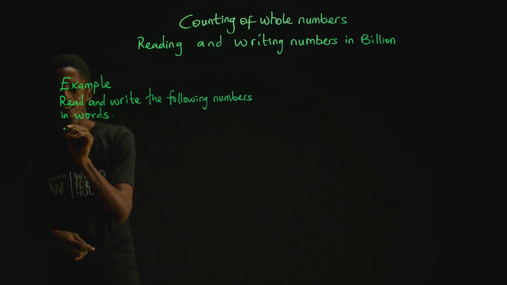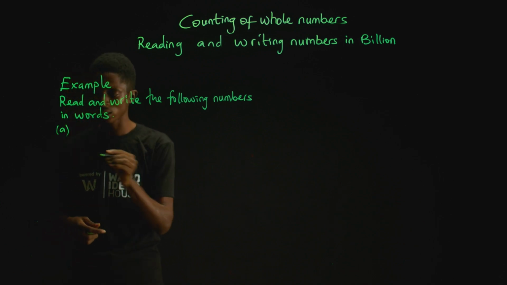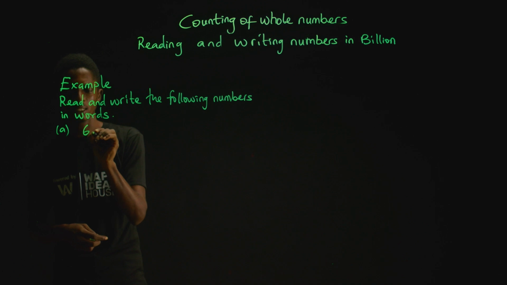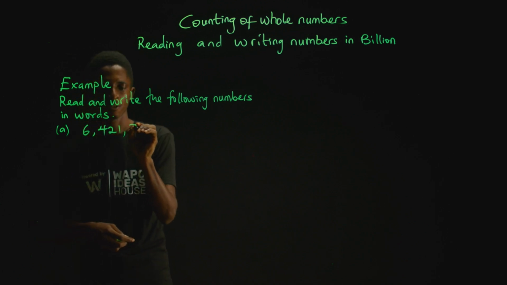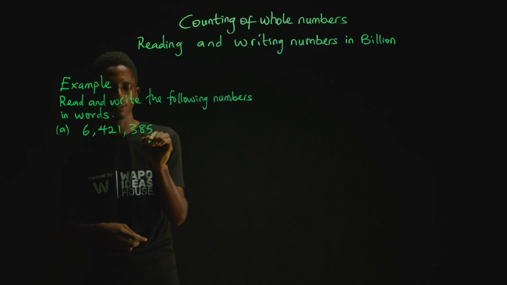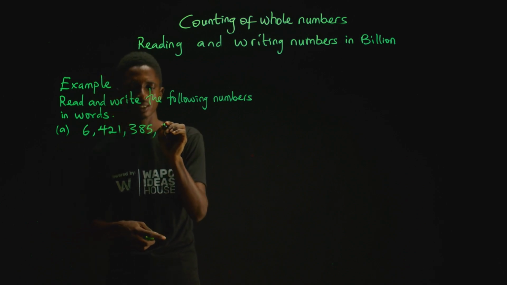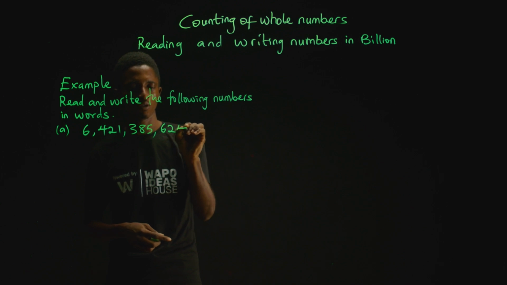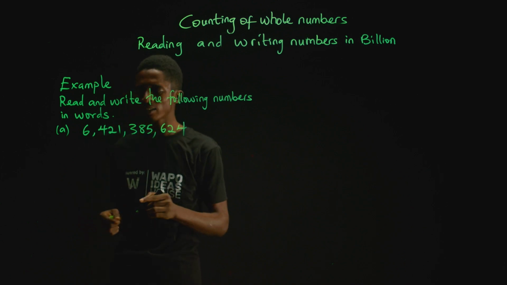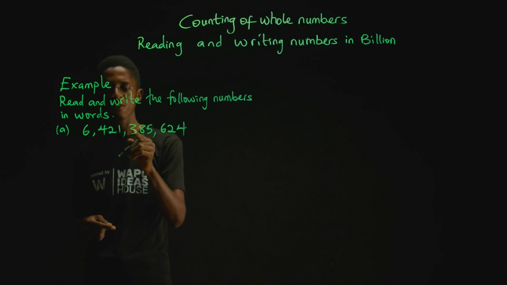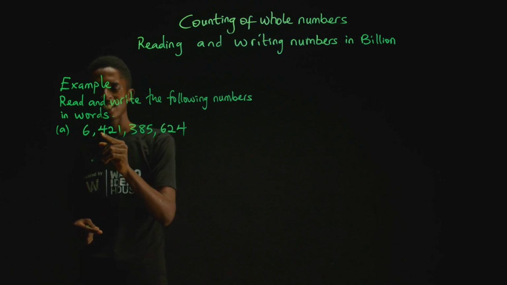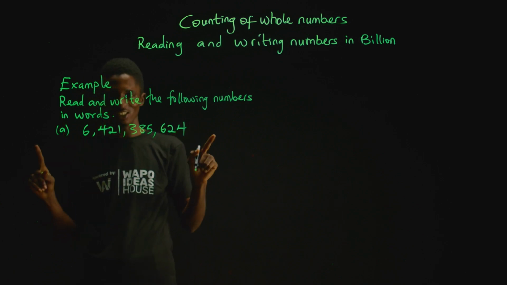So let's take the first one to be this number 6 4 2 1 3 8 5 6 2 4. If you count this, you have 1 2 3 4 5 6 7 8 9 10 digits.